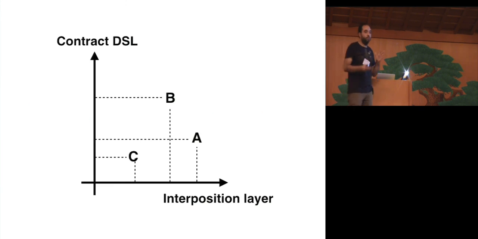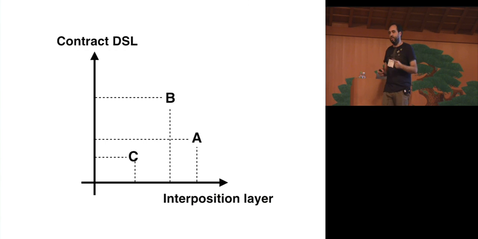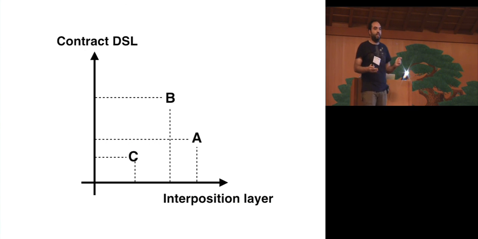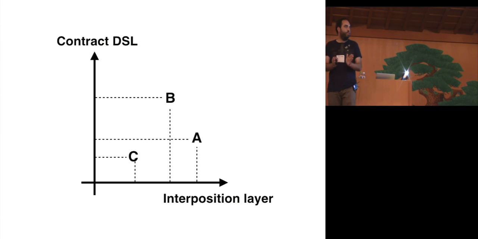So I want to leave you with two thoughts. The first is an effort to generalize the usefulness and the validity of this analysis. As I said before, we can intuitively view the contract DSL and the interposition layer as axes that define a design space.